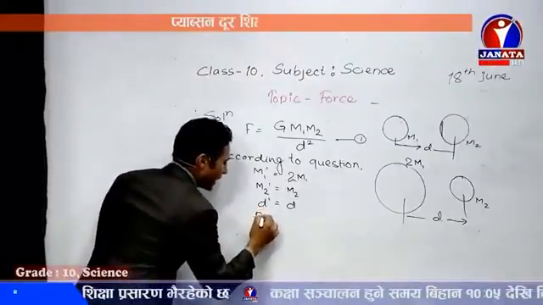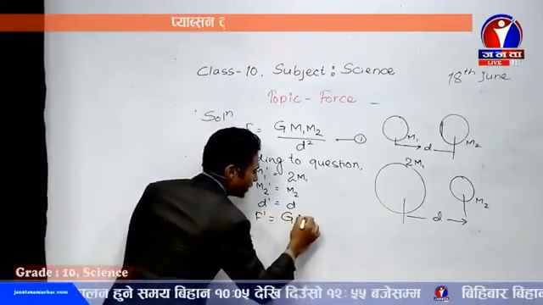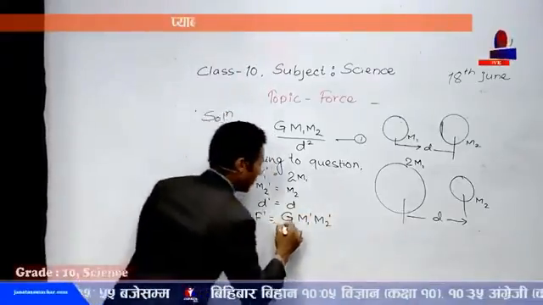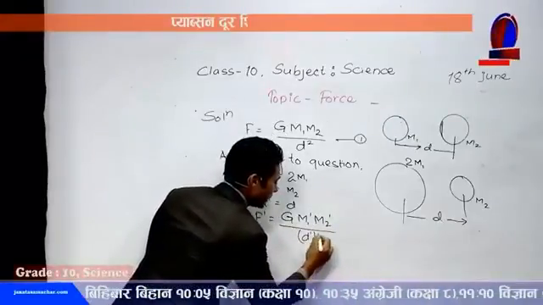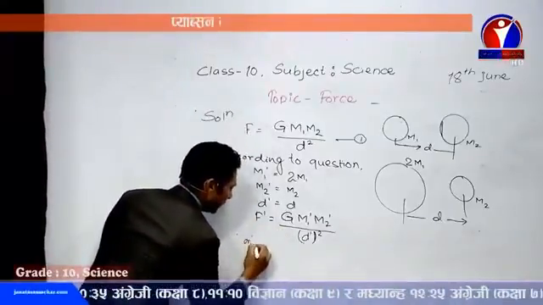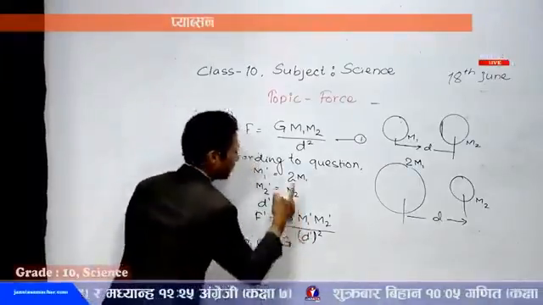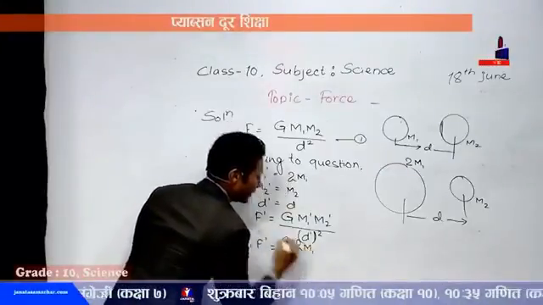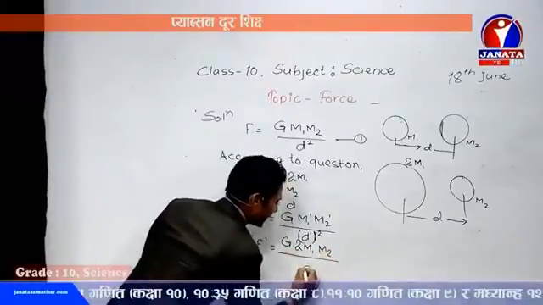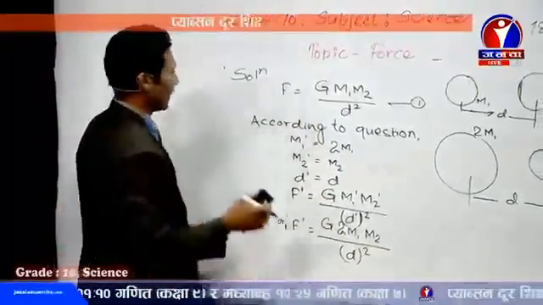Then if F dash is the force of attraction between these two, the formula is G m1 dash m2 dash divided by d dash squared. Let's substitute the values: F dash = G, as it is, m1 dash is 2 m1, m2 dash is m2, divided by d squared. So let me write it down.